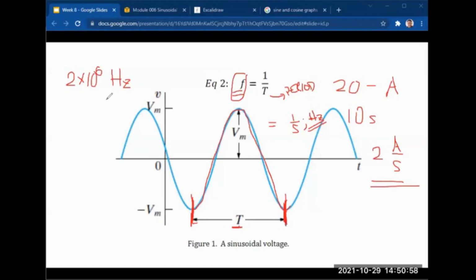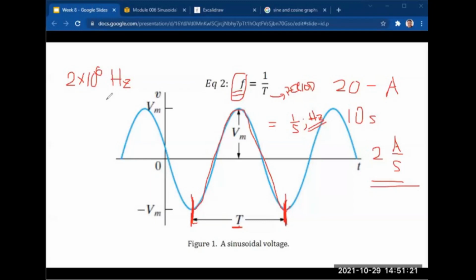And others, our speaking voice is also a sine wave function. The range of our voice is 20 hertz to 2000 hertz. So that's the voice range frequency. What else can I give as an example?